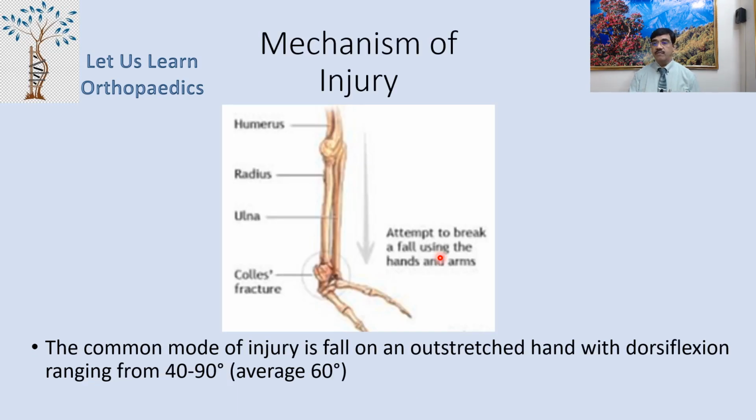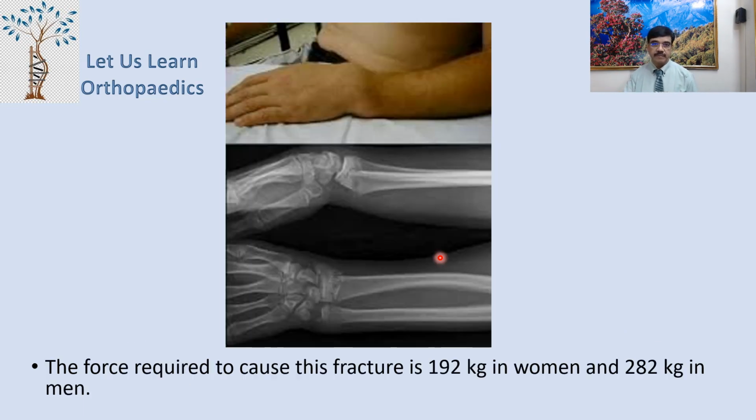The common mode of injury is a fall on an outstretched hand with the wrist in dorsiflexion ranging from 40 to 90 degrees. On an average, it's usually 60 degrees of dorsiflexion which results in the Colles fracture. The force required for Colles fracture to occur in females is much less because of their osteoporotic bones as compared to males.